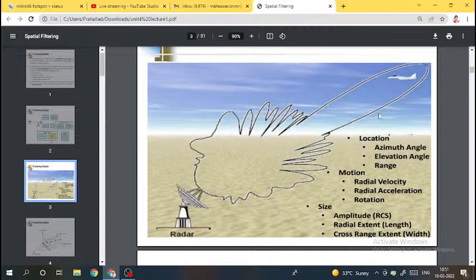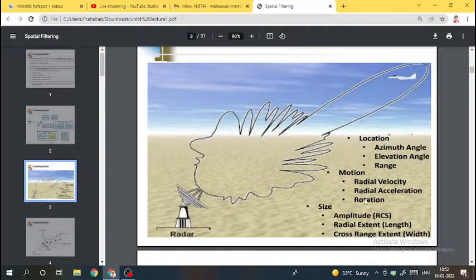Ultimately you have to locate the target, and this location needs finding the azimuth angle, elevation angle, and range. In this lecture we will learn what the azimuth angle and elevation angle are, and how we track the target and find its trajectory using tracking radars.